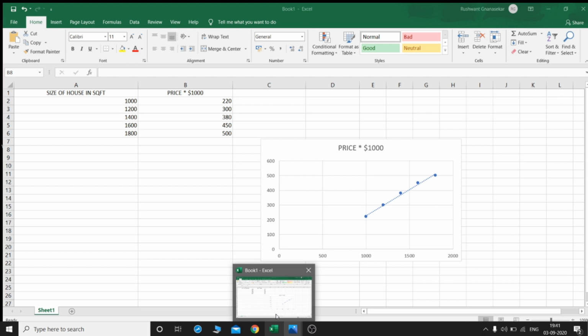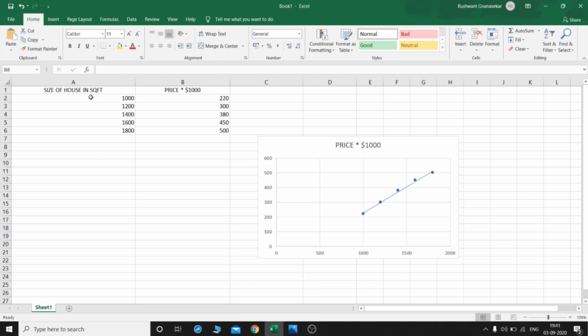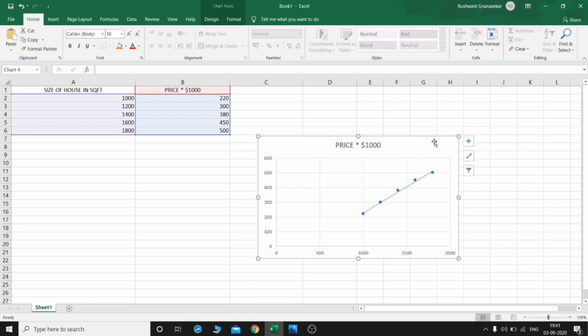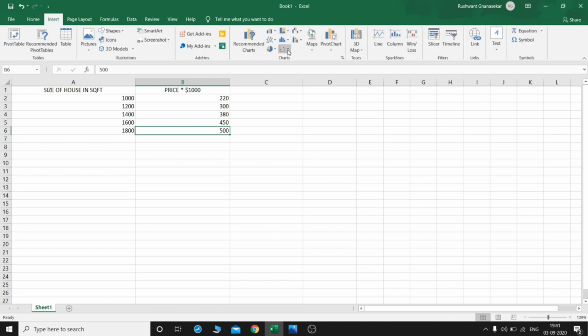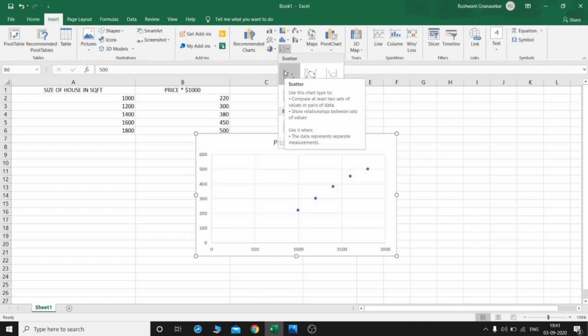So I have already got a prediction here based on R values. Once you have the predictions, once again, I'll just delete this one. You'll insert a scatter plot graph.